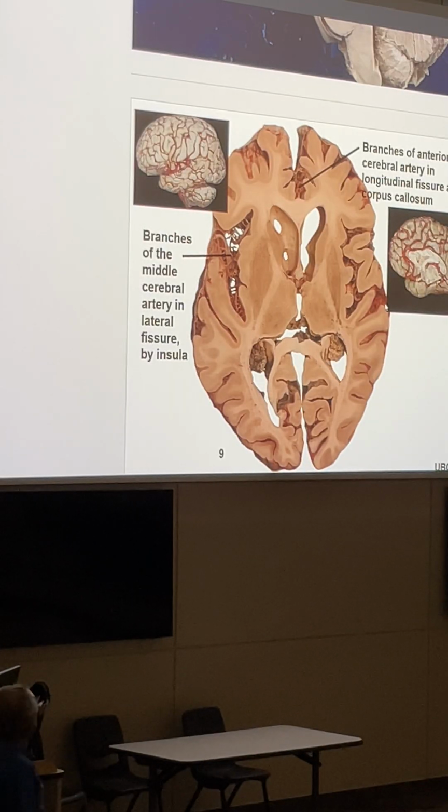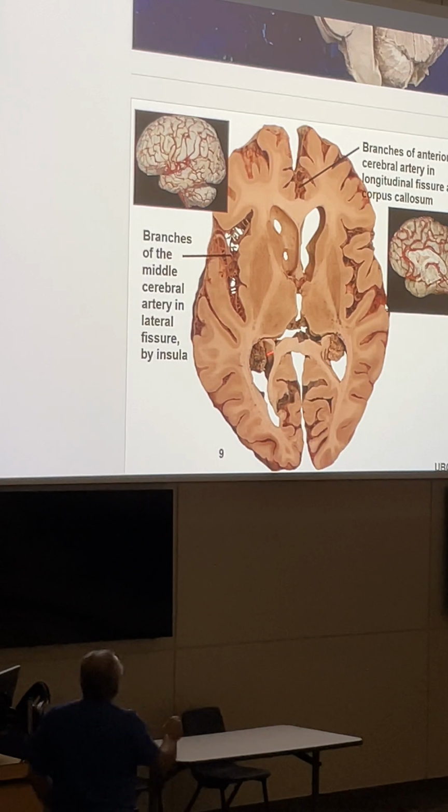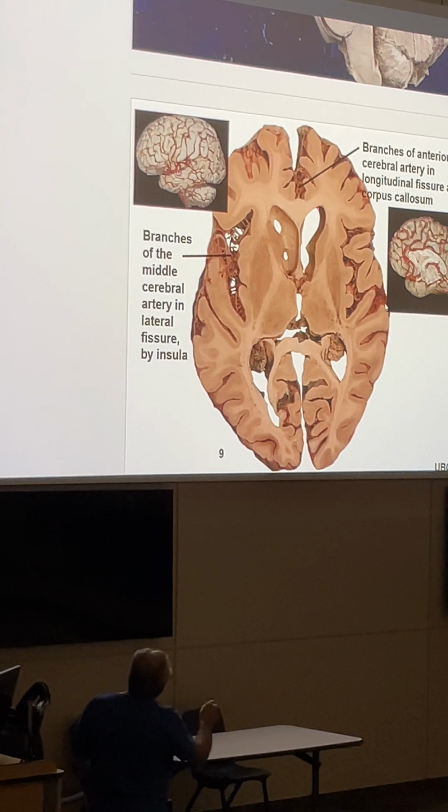Repeat, repeat, repeat. So, horizontal plane, I'm looking at this highway. If I'm tagging here, I'm asking for genu. Here, anterior limb, posterior limb. Corpus callosum, anteriorly, posteriorly, lateral ventricle, septum lucidum, cortex.